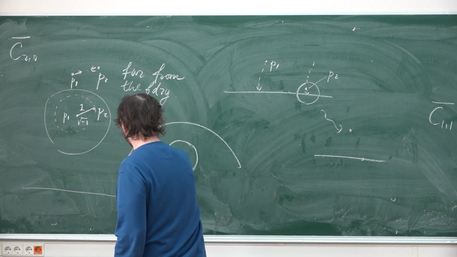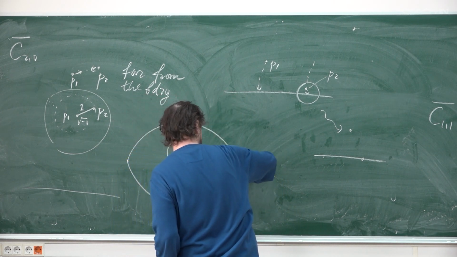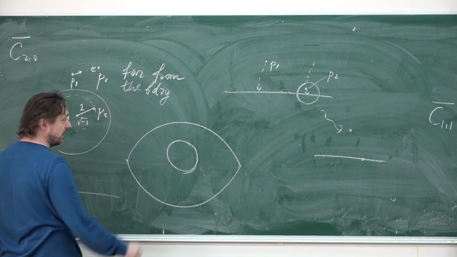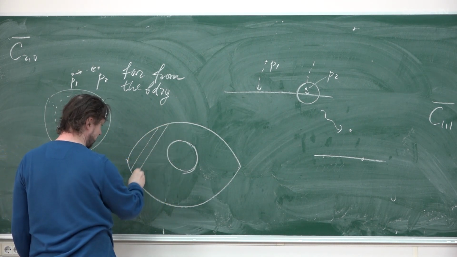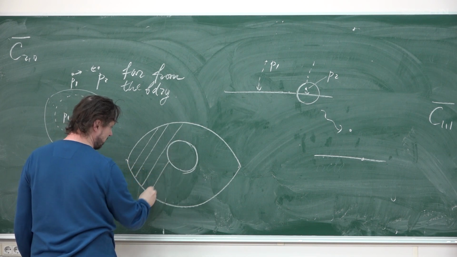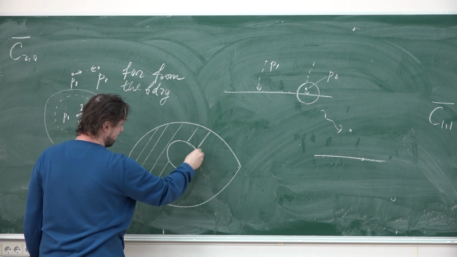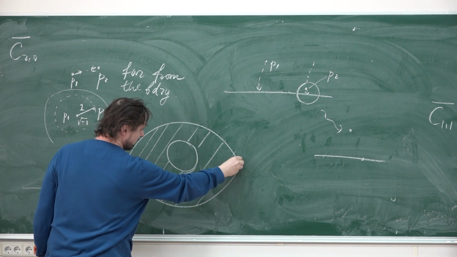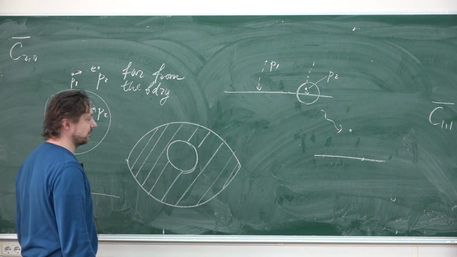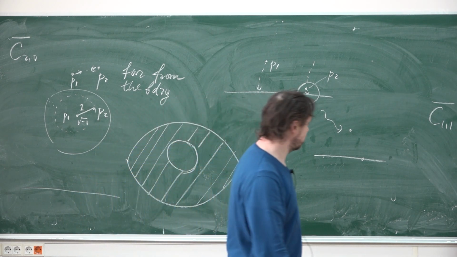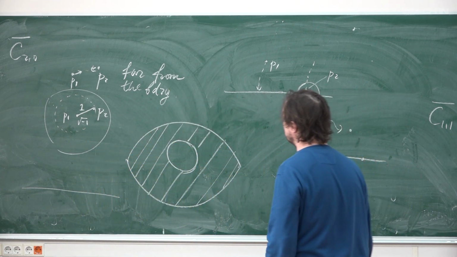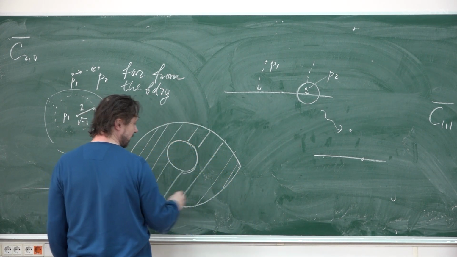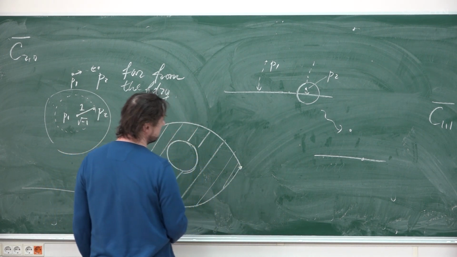So this will give us the other half circle. And all that remains is to shade the area between these. So this gives us the configuration C20 bar.